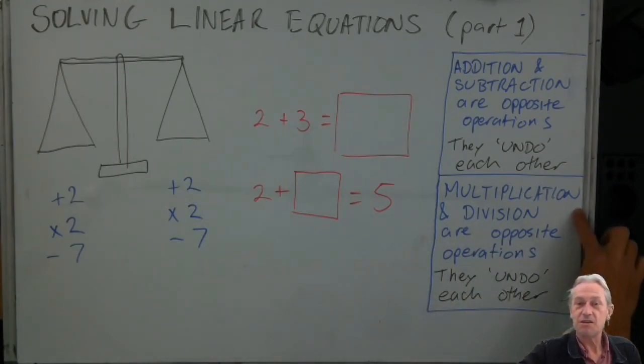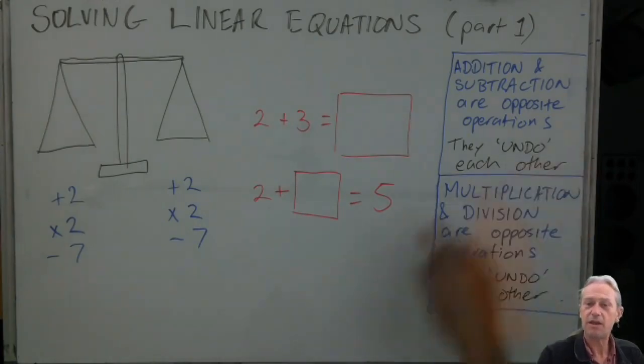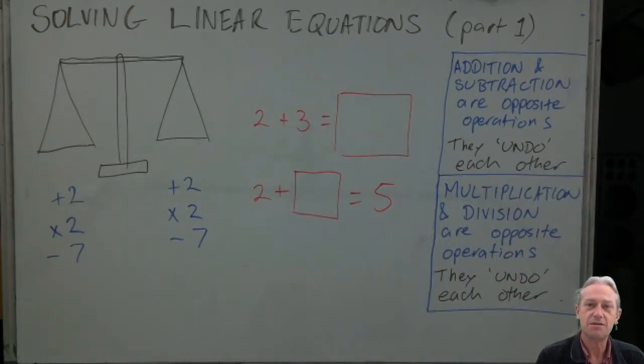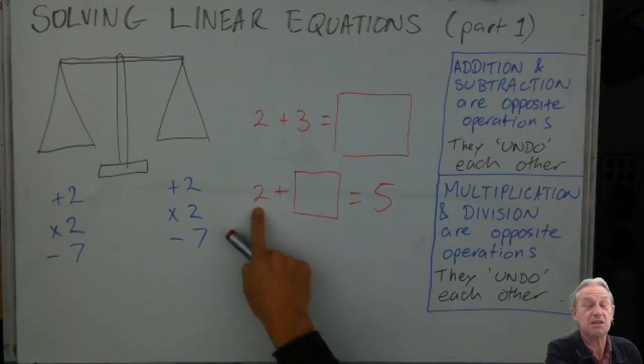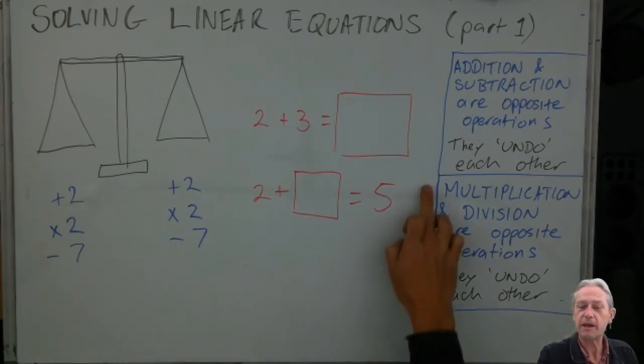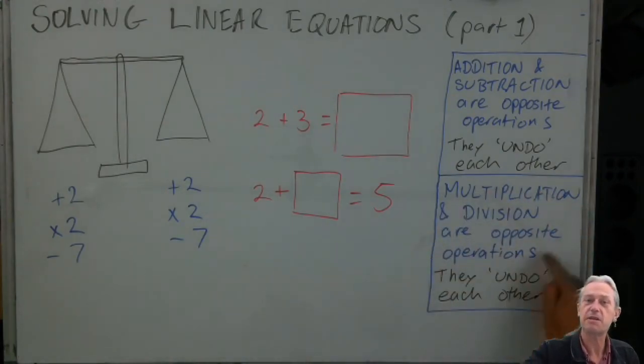With multiplication and division, in the way that with addition and subtraction we're looking to make something disappear, the thing to look out for is that we're trying to turn the thing that we want to move into 1, because when we multiply something by 1, it doesn't change.